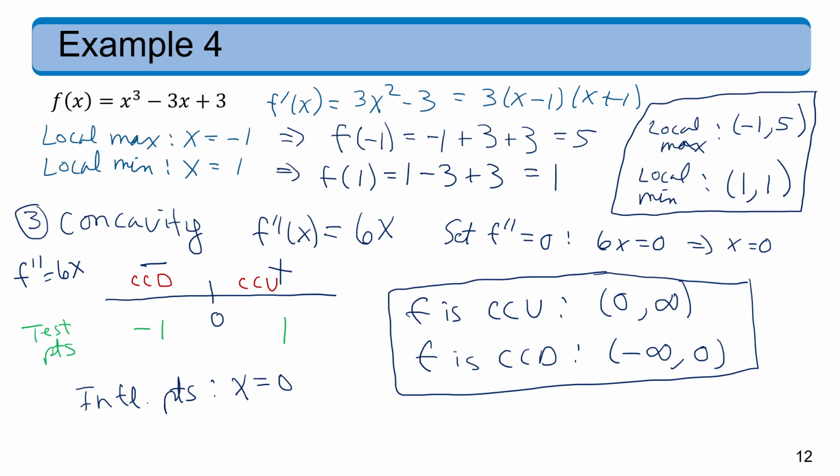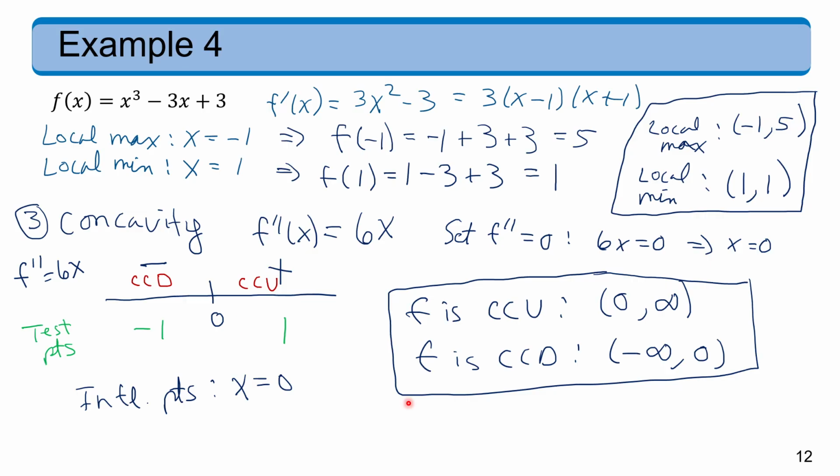Okay, so when you set f double prime equal to 0 and solve, it's tempting to call all these solutions inflection points, but they're not necessarily inflection points, because when you completed your number line, let's say it was concave down on both sides, that would make this not an inflection point. But in this case, it turned out this number was an inflection point.